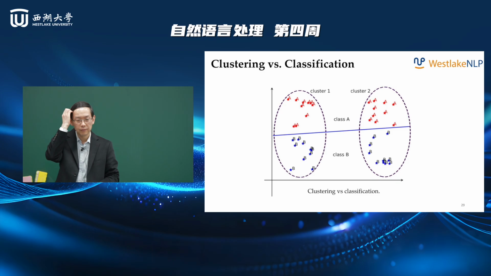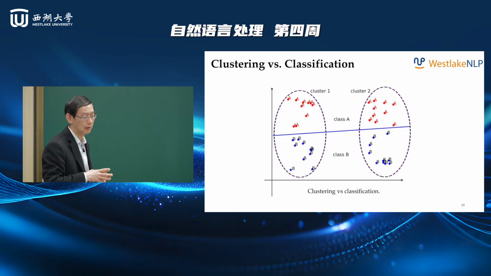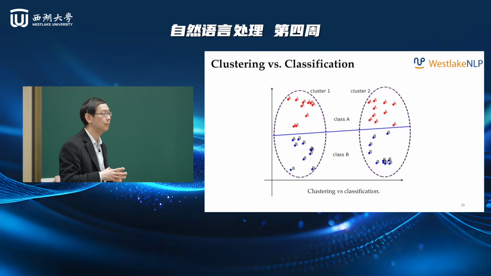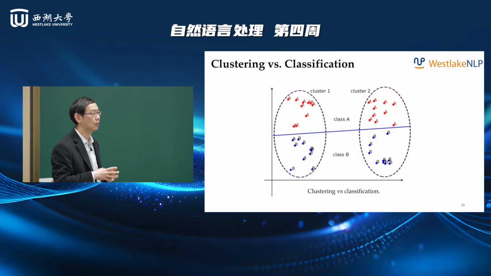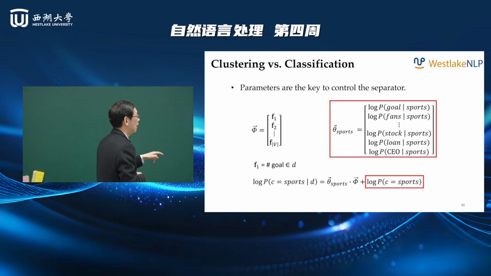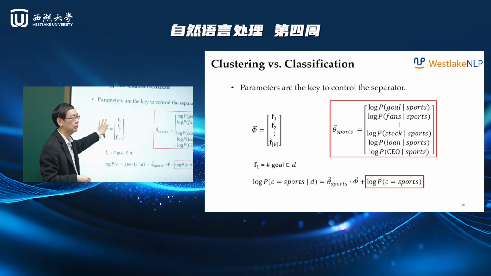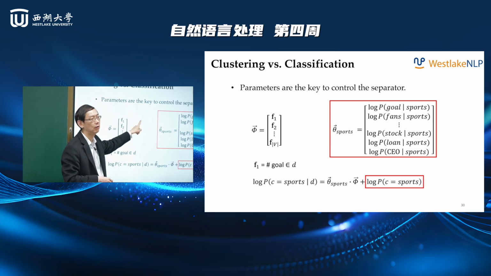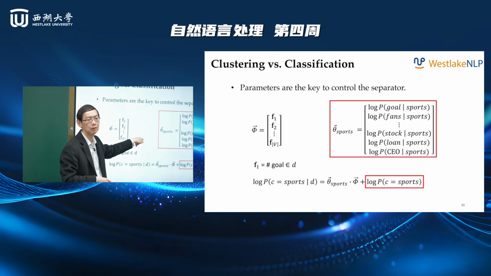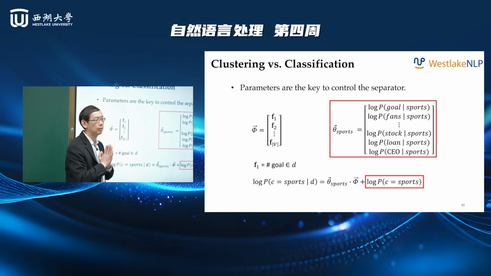So we learned the naive Bayes classifier. How does the naive Bayes classifier classify, do the cut? What's the mechanism? You have the document representation, which is a vector. And how do you do the control? You have some parameters. These parameters are trained. So the parameters are log W given C. And this parameter vector actually defines a hyperplane.